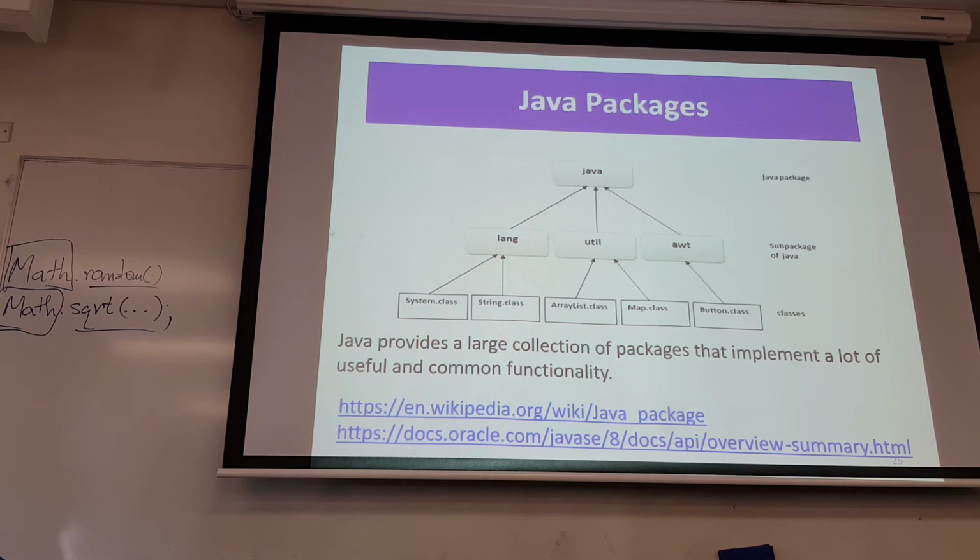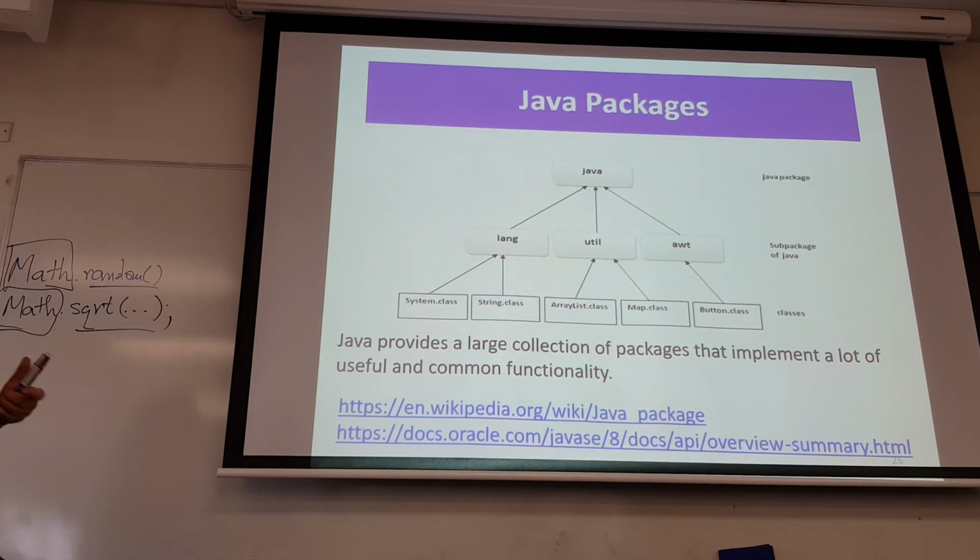For example, we have a folder called java, and this is the java package. That folder contains subfolders: java language, java utility, abstract window toolkit, and so on. So these are subfolders with these names, and the files here start with package lang.